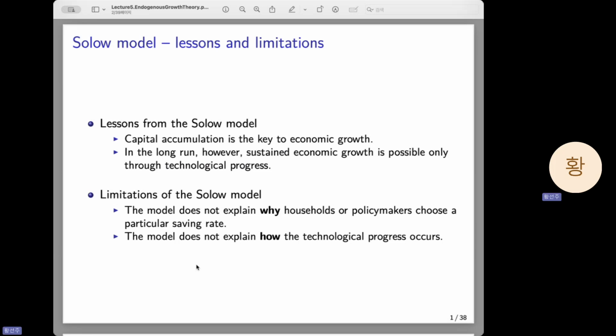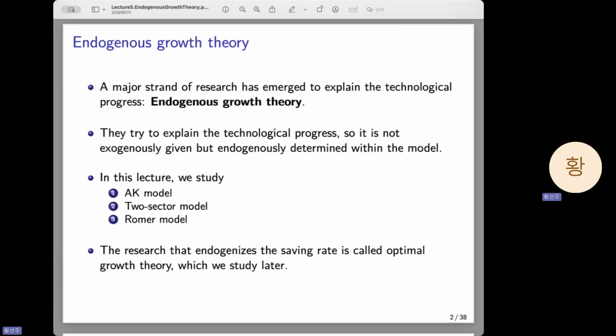So naturally, it raises a question. Where does technology come from? That question is exactly what endogenous growth theory tries to answer. A major strand of modern macroeconomic research tries to endogenize technological progress.